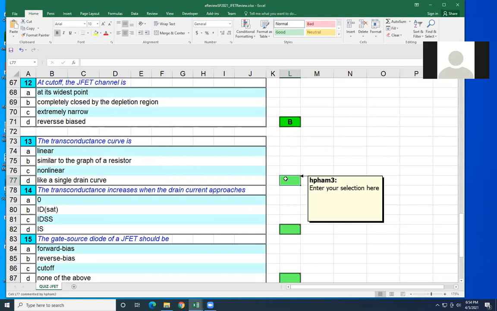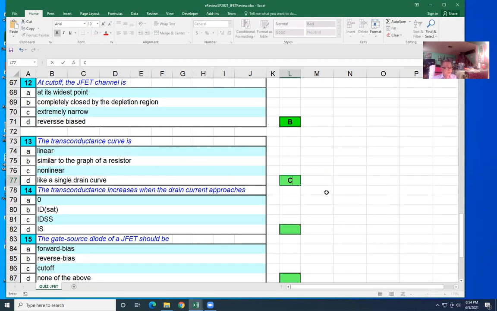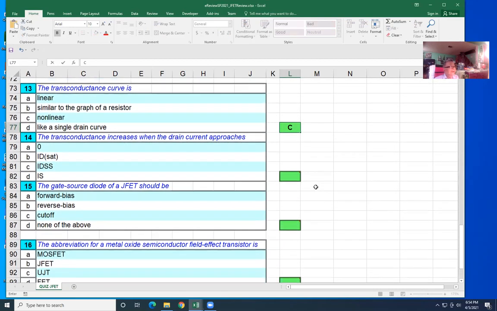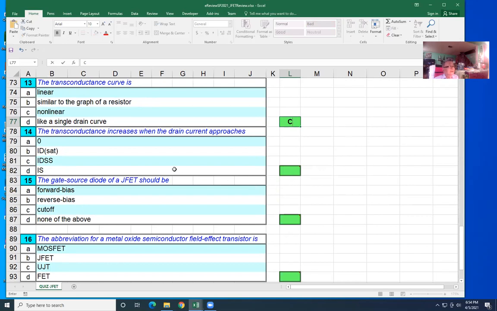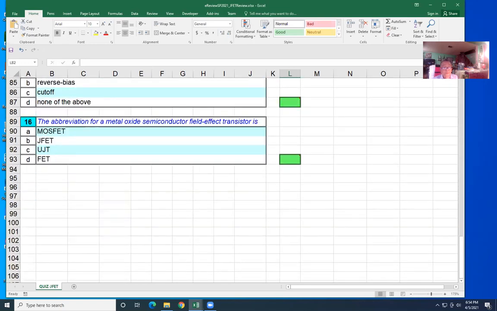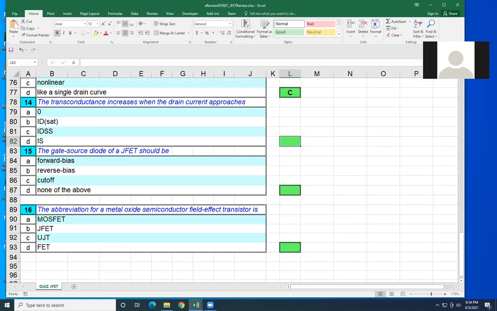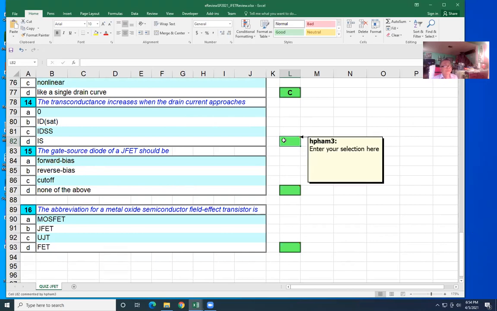C, nonlinear. Number 14. Drain conductance increases when the drain current approaches IDSS. C, IDSS.